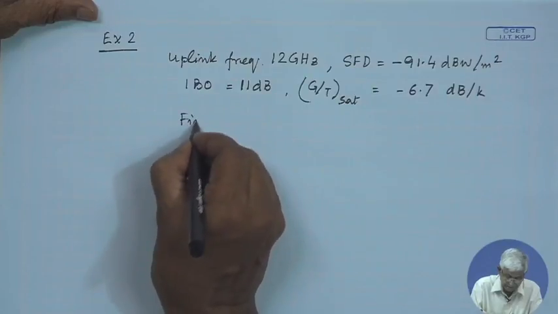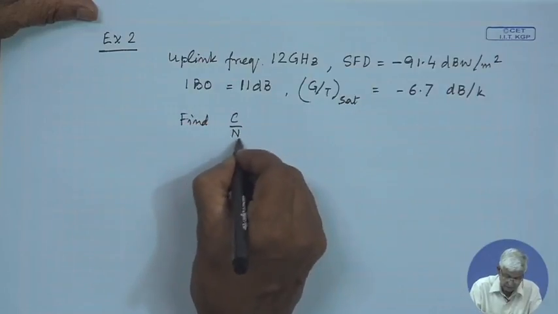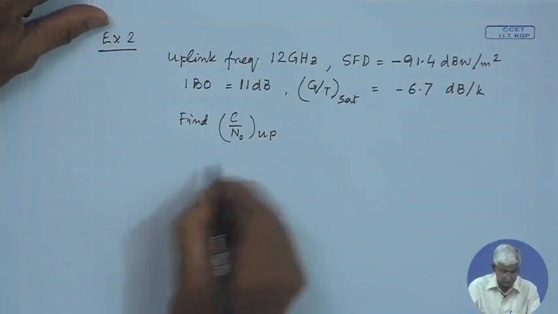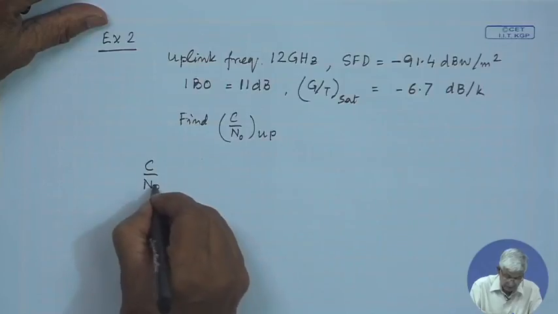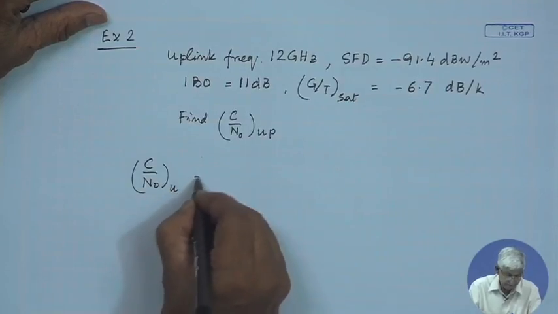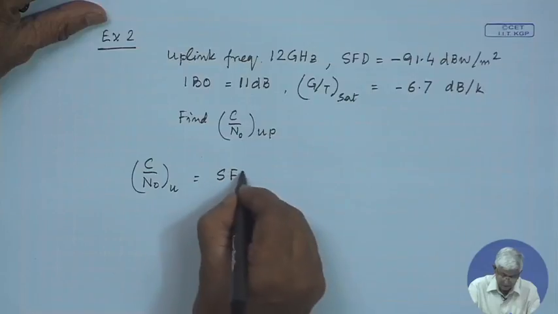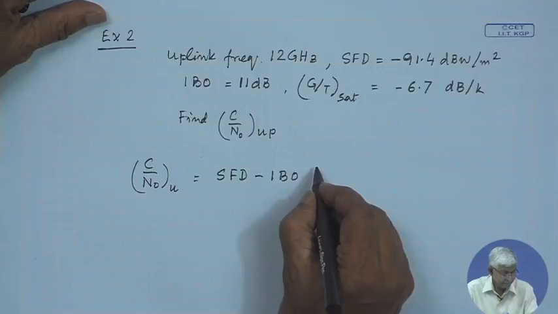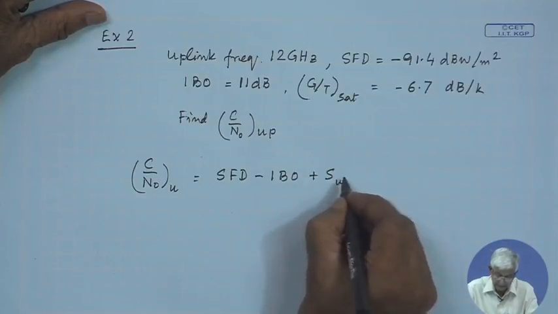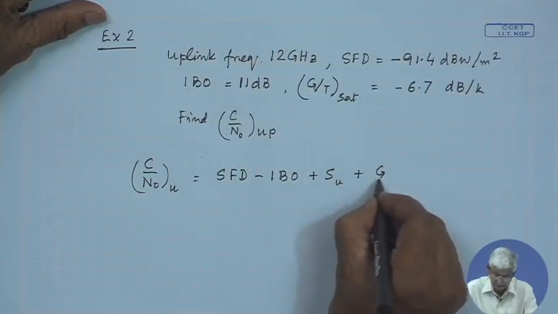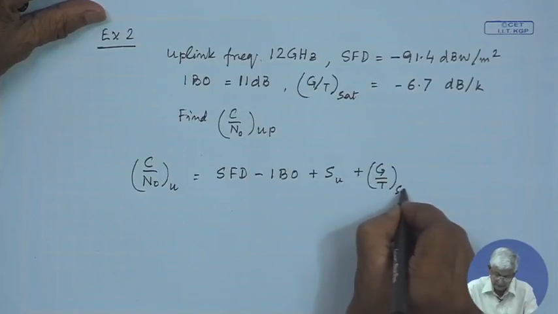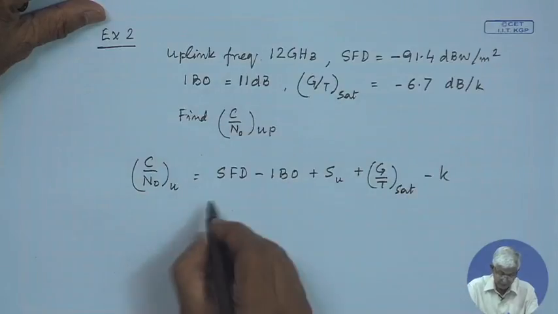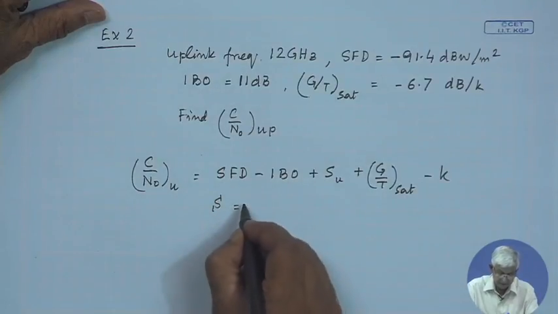Then find C by N naught up. So, let us rewrite the C by N naught of uplink will be the saturation flux density minus the input back off plus S in the up plus G by T of the satellite minus K. So, S value will be same as the previous problem.